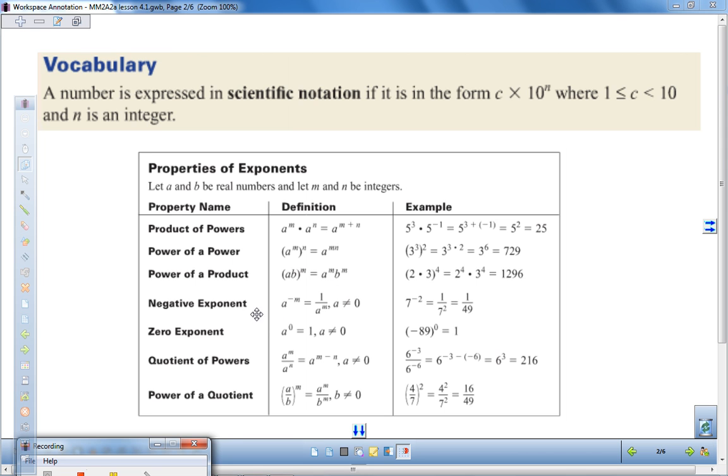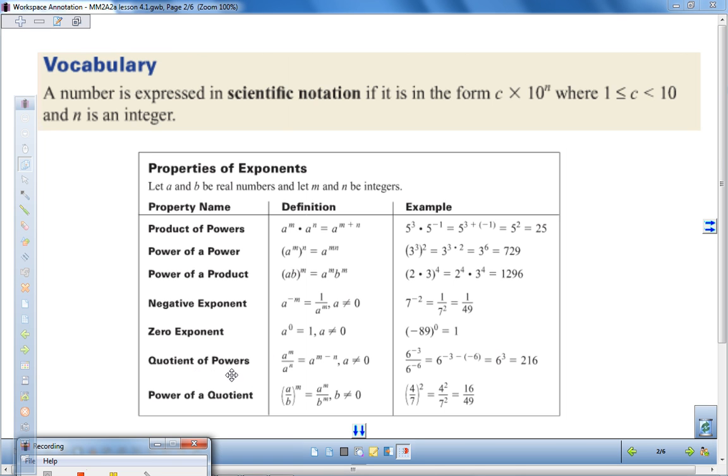Then negative exponent: if you want it to be positive, you write it underneath. But your base, in this case a, cannot be 0. And then zero exponent, now this is important, anything with 0 power is 1. Anything with 0 power is 1.